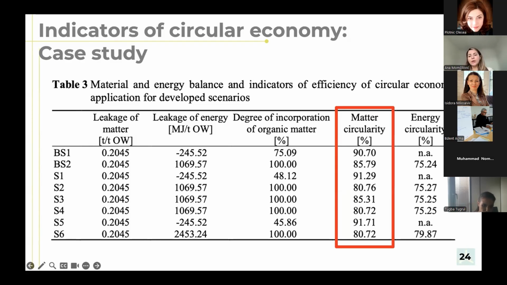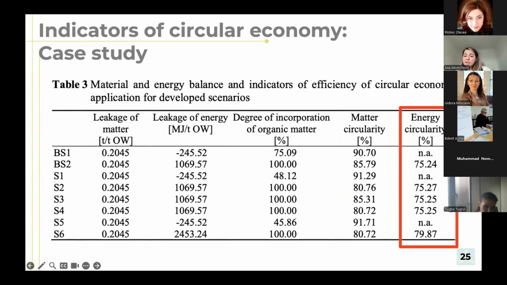When it comes to energy circularity, 70% of energy is usually used for transportation and treatment of organic waste and the products.